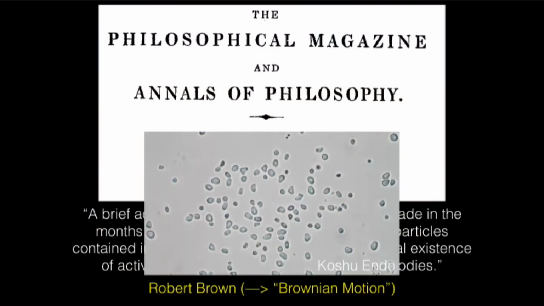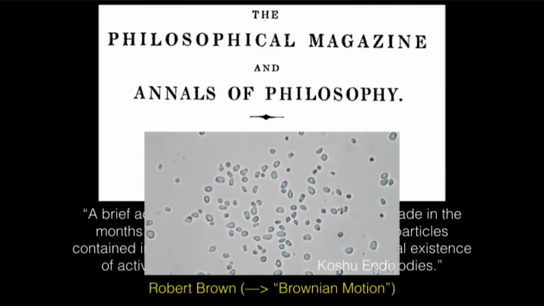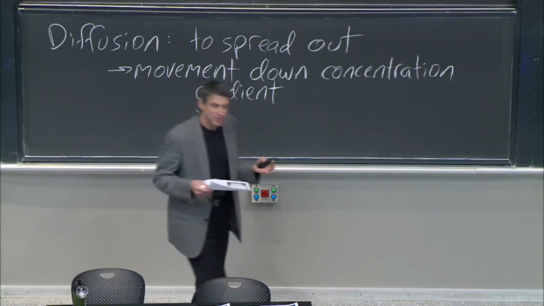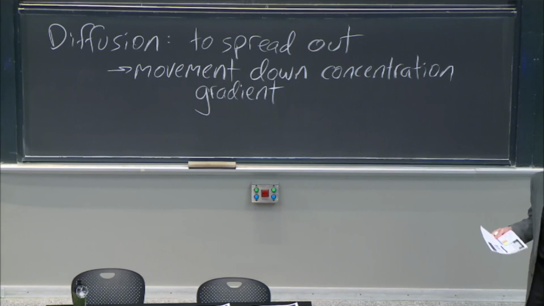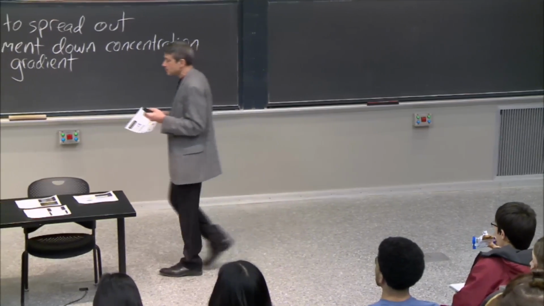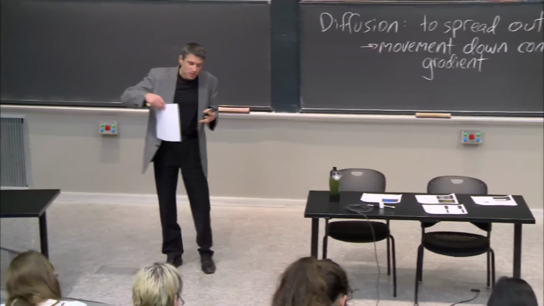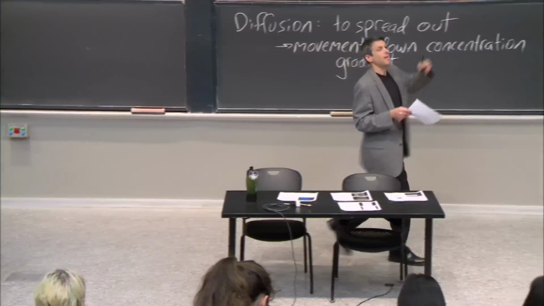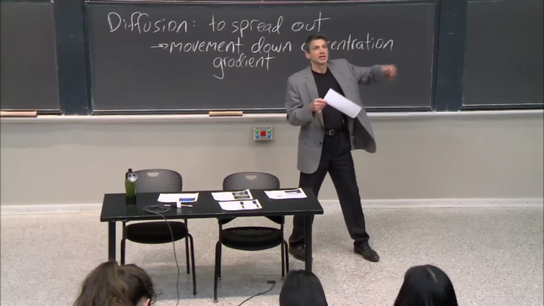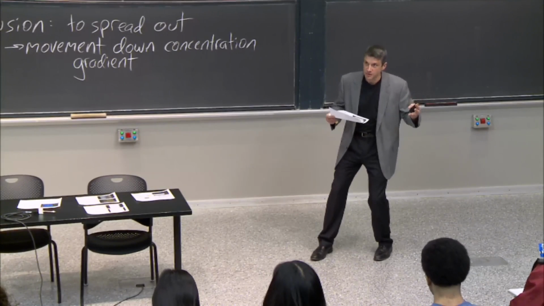What was going on? This is the microscopic basis. This is now called Brownian motion. It's random motion due to thermal energy and collisions. And it's the connection of this microscopic random motion due to thermal energy and macroscopic observables that led to a big advance in our understanding of diffusion.